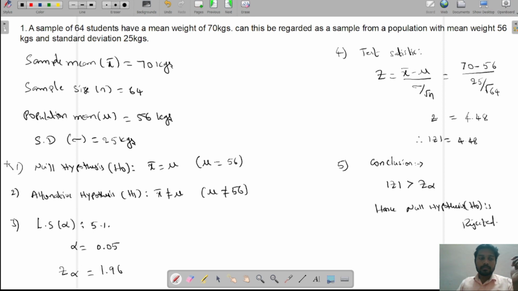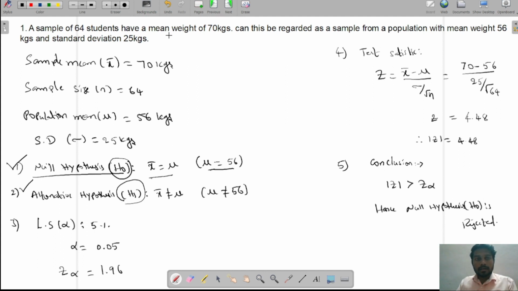Step number 1, null hypothesis H naught, and there is a standard value here, x bar equal to nu, and we have seen the working rule also, right? So what is the meaning of nu here? 56.